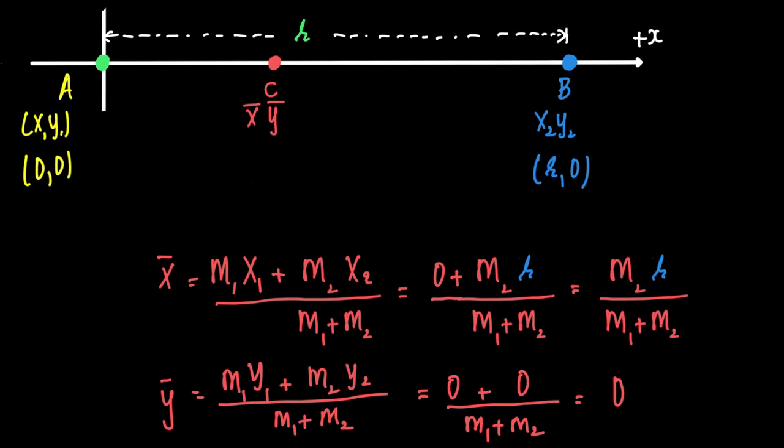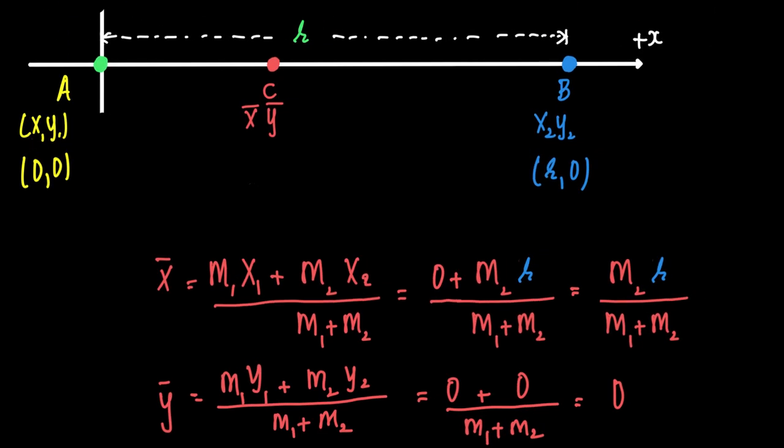Now, if we have x1 y1 equal to 0 0 and x2 y2 equal to r comma 0, what is x bar y bar? m1 x1 plus m2 x2. x1 is 0, right? So m1 into x1 becomes 0 plus m2 into x2, where x2 is r, so m2 into r. So what we get is m2 into r divided by m1 plus m2. Now y1 is 0, y2 is 0 as well.